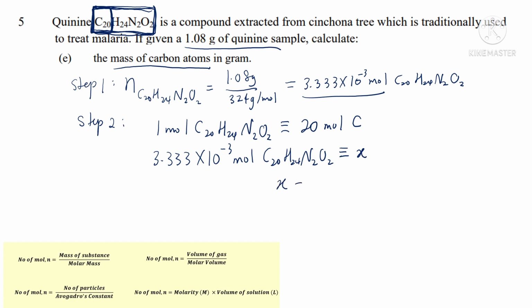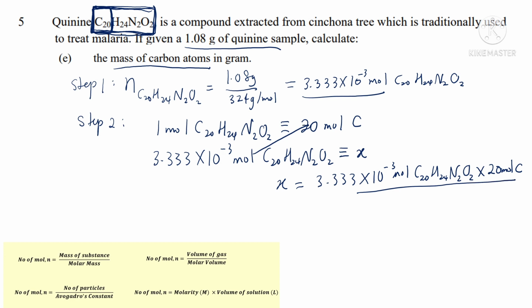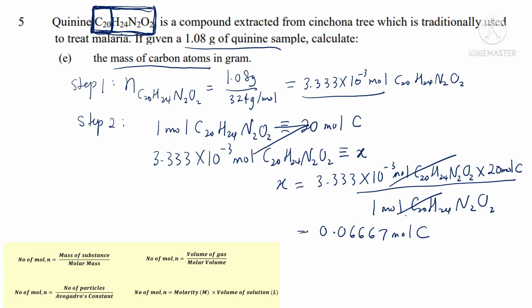So how do we find x? Again, we cross multiply. So 3.333 times 10 to the power of negative 3 mole of quinine, multiply by 20 mole of carbon, and then divide by 1 mole of quinine, and the mole of quinine can cancel out to give us 0.06667 mole of carbon.